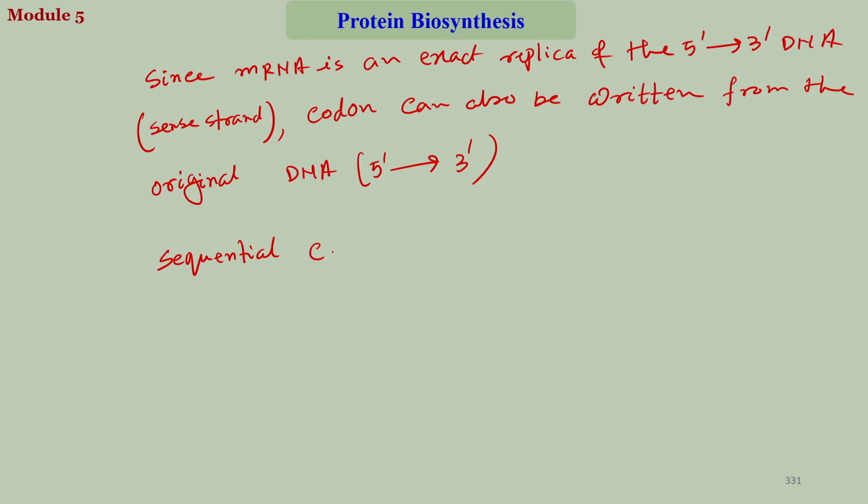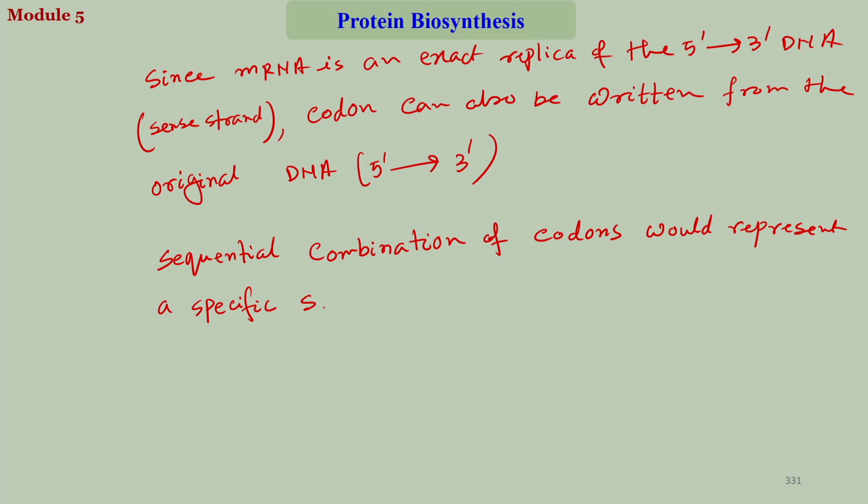So, a sequential combination of codons would represent a specific sequence of polypeptide, or you can also call it a peptide chain.